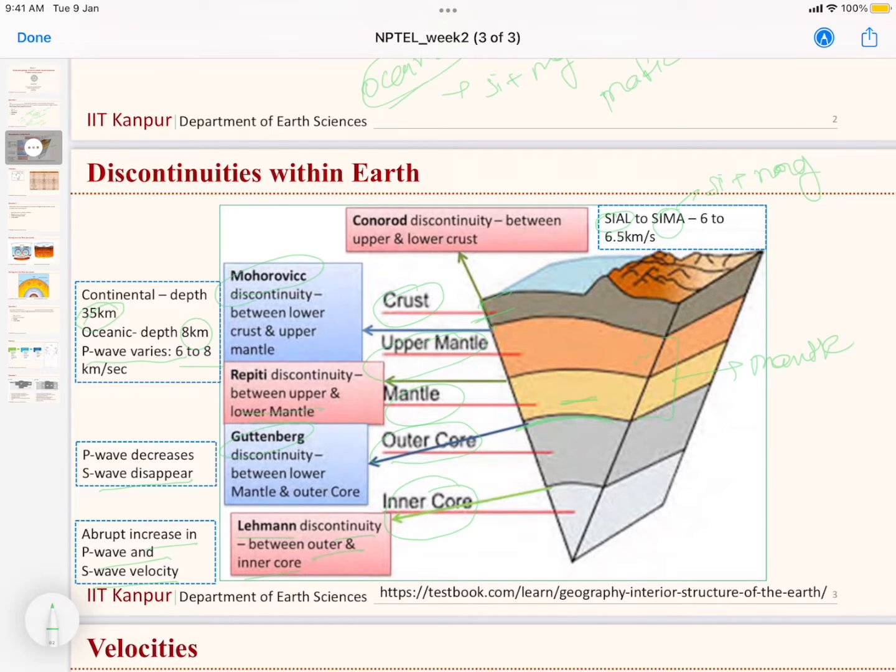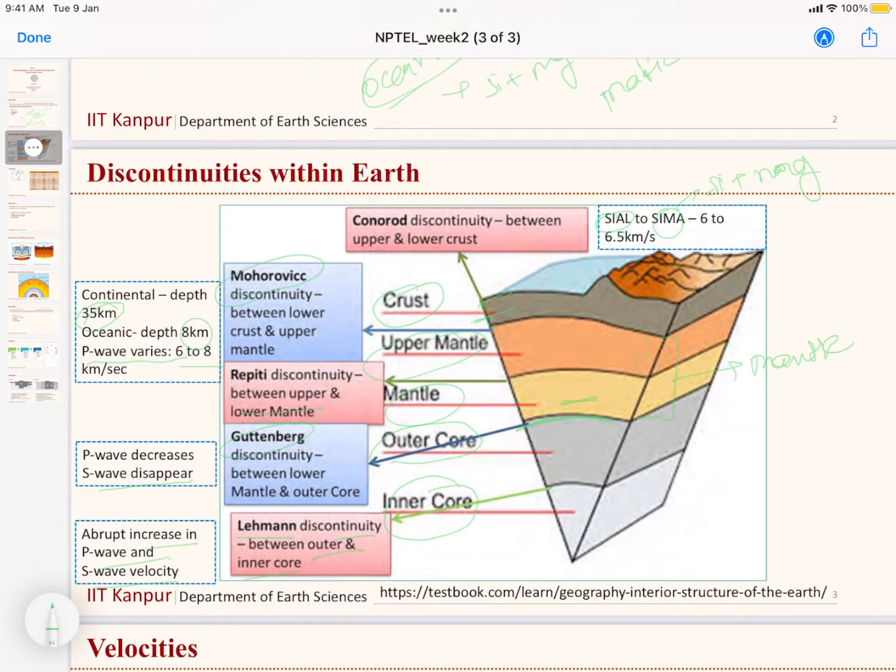Now let me ask you one question: why is there an abrupt increase in P wave and S wave velocity here, and why, at the upper discontinuity, the Gutenberg discontinuity, does the S wave suddenly disappear? Can you answer?